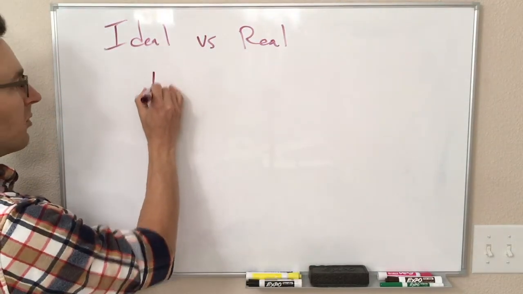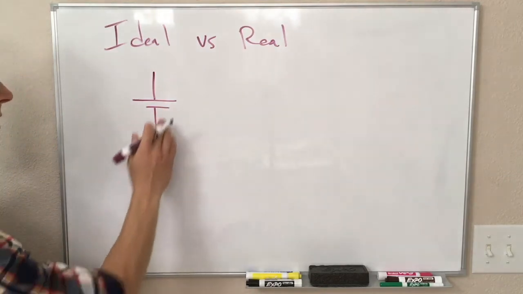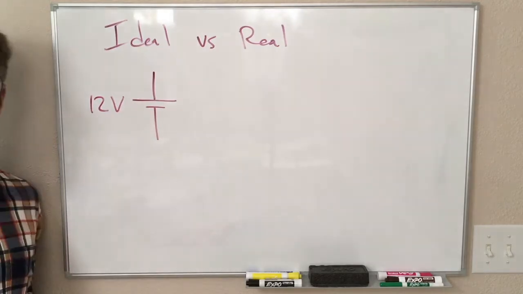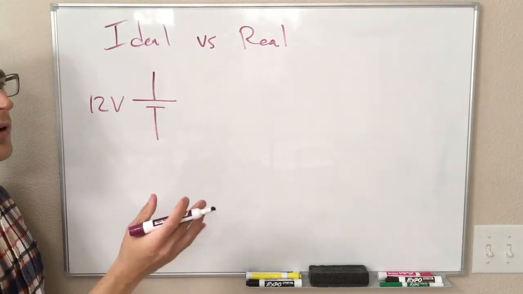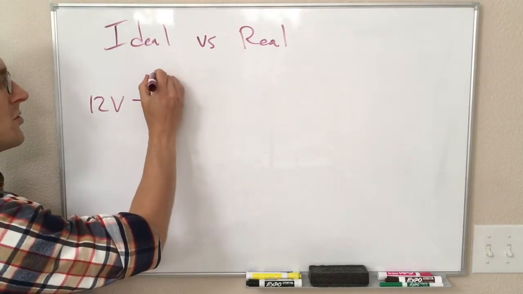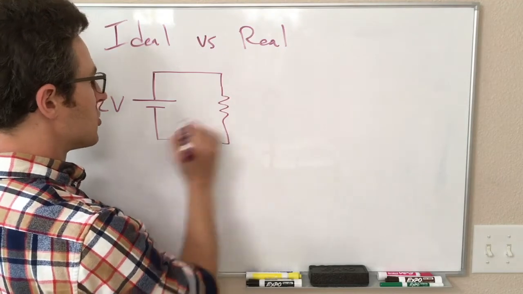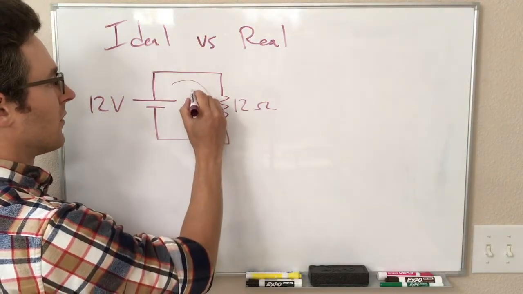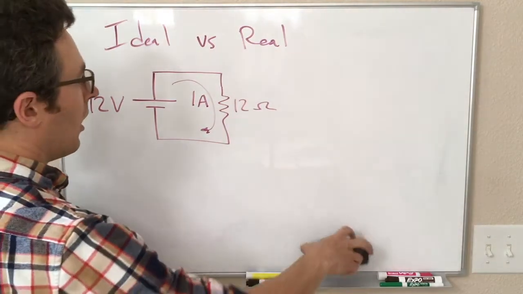For example, we have a voltage source symbol that looks like this, and maybe we'll just say this is 12 volts. On paper, if I connect this voltage source to, we'll make this easy, a 12 ohm resistor, I get a current flowing in this circuit that is 1 amp of current. Okay, easy enough.